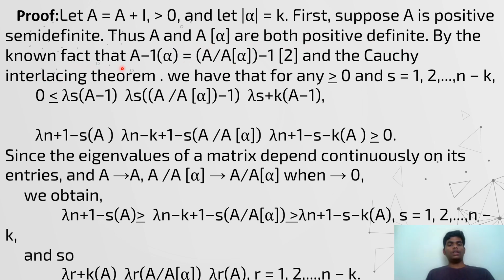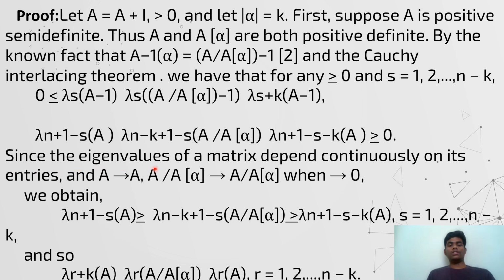By the known fact that the inverse of A epsilon restricted to the complement of alpha equals the inverse of the Schur complement, and the Cauchy interlacing theorem, we have that for any epsilon greater than 0 and s equals 1, 2, and so on up to n minus k, 0 is less than or equal to lambda_s of the inverse of A epsilon, less than or equal to lambda_s of the inverse of the Schur complement, less than or equal to lambda_{s plus k} of the inverse of A epsilon. That is equivalent to saying the corresponding eigenvalues of A epsilon, of the Schur complement, and of the shifted index are greater than 0.